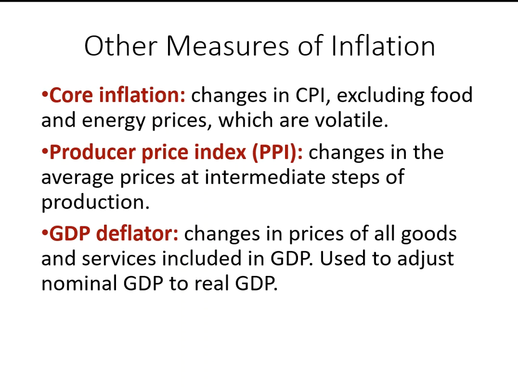So unlike the CPI and the PPI, the GDP deflator is not based on a fixed basket of goods and services. So the GDP deflator is not a pure measure of price changes, since its value reflects both price changes and market responses. Thus, it usually registers a lower inflation rate than the CPI.